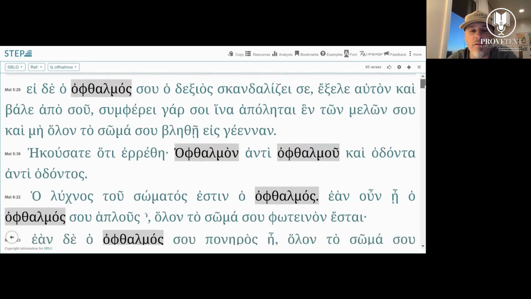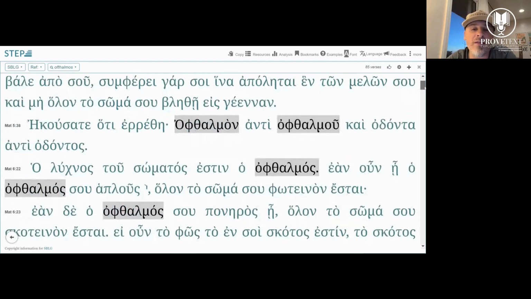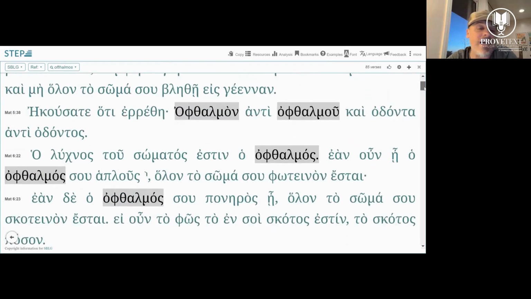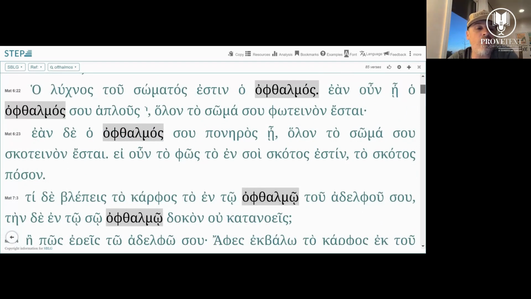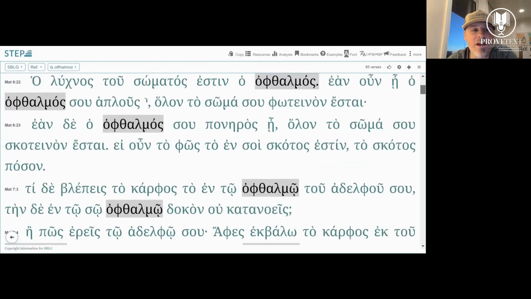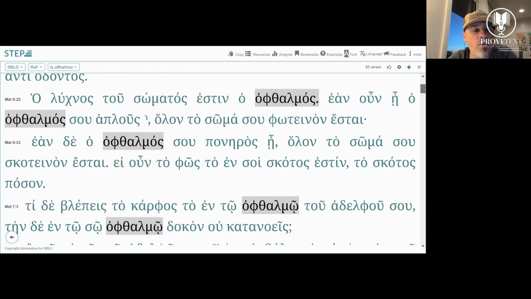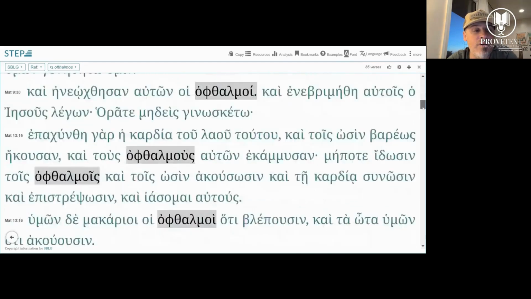And then we get in Matthew 5:38, ophthalmon anti ophthalmou, an eye in place of an eye. Matthew 6:22, o lychnos tou somatos estin o ophthalmos. The lamp of the body is the eye. Yeah, we got also ophthalmos again in that verse.